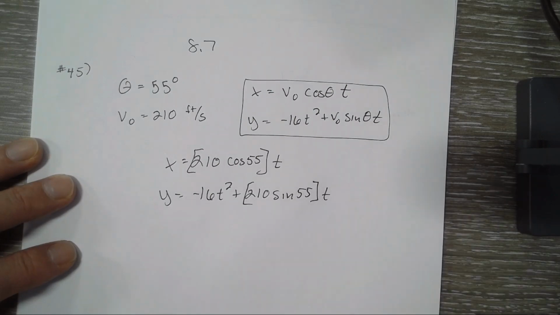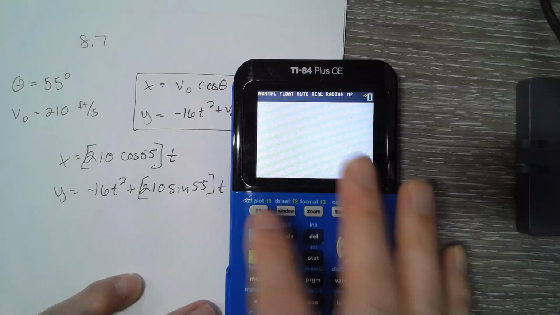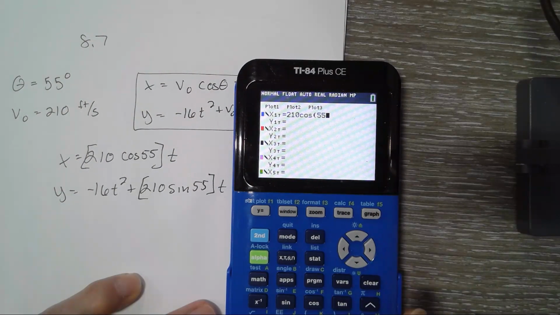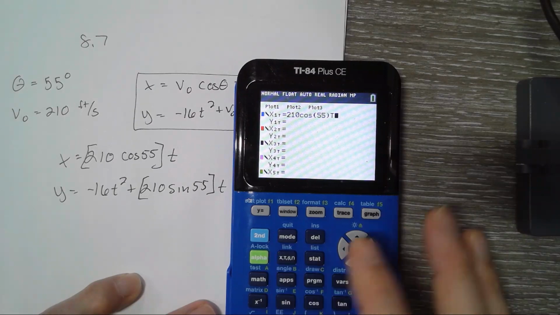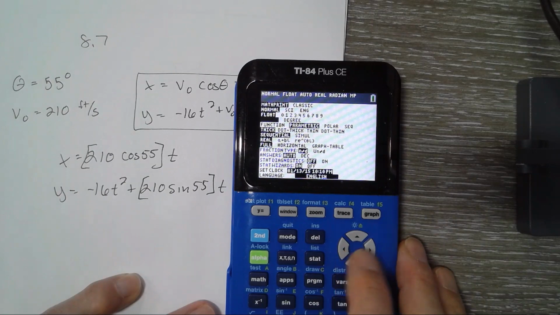So we can enter those. Let's see, x is 210 cosine 55 t. I recognize that we're in degrees now, so before I forget, I'm going to go mode degrees.